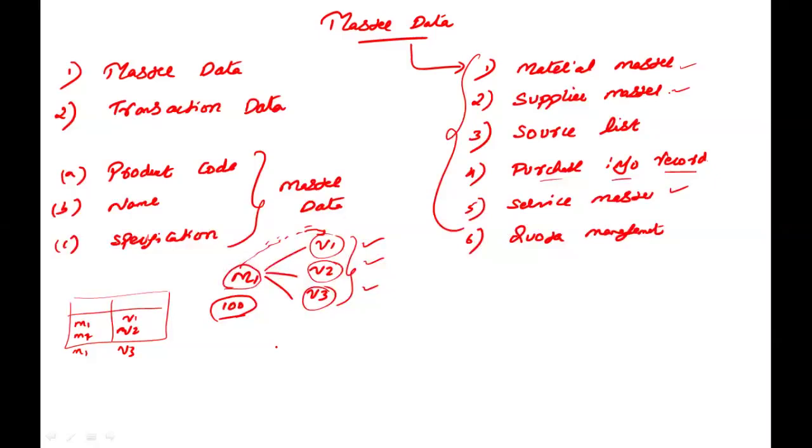A quota arrangement, if I take an example: assume that the government is going to release vacancies for some post, and they have 100 vacancies.